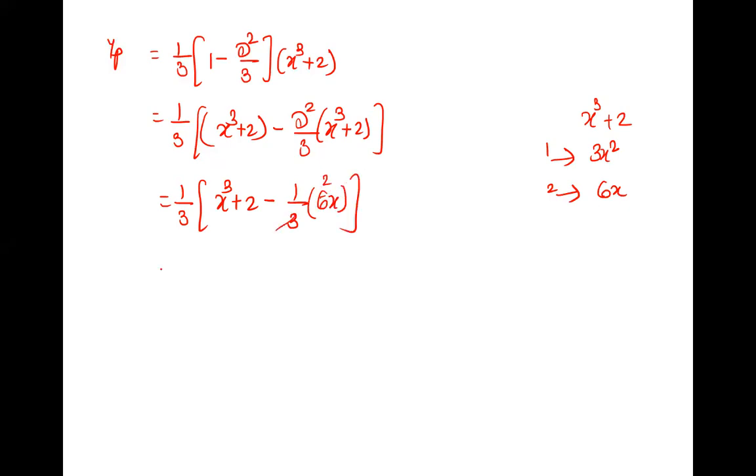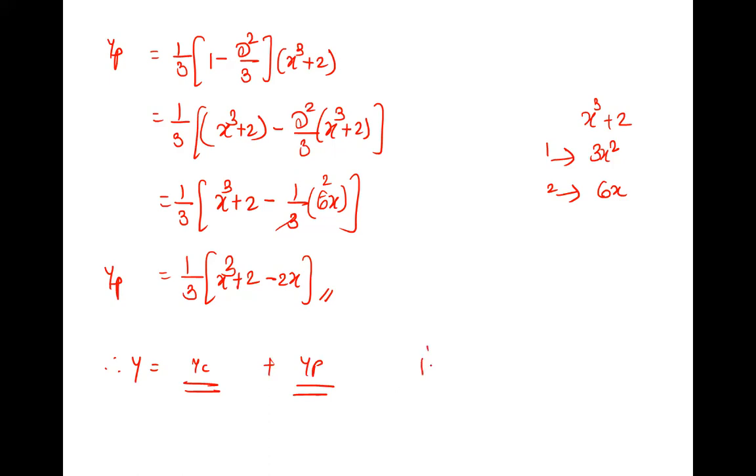Here the 3 will also cancel. So it is 1 by 3 times x cube plus 2 minus 2x. Done. This is your yp. Write your yc, write your yp, and that will be the general solution. Clear? If it is cube, write up to cube. That term is up to power 3.